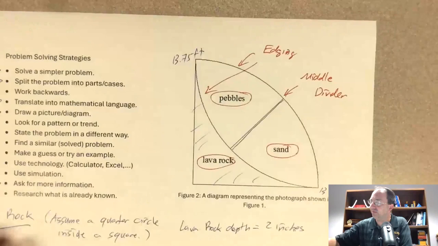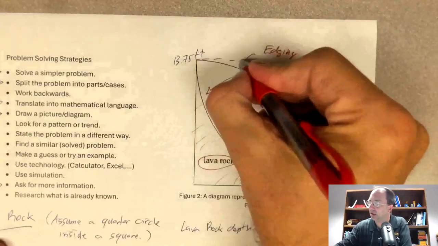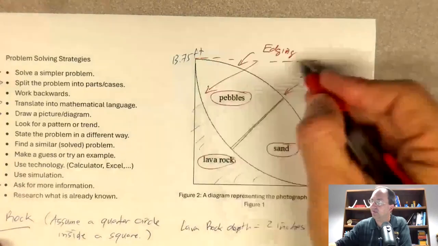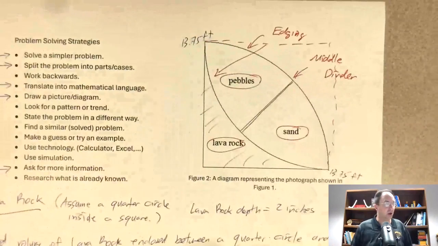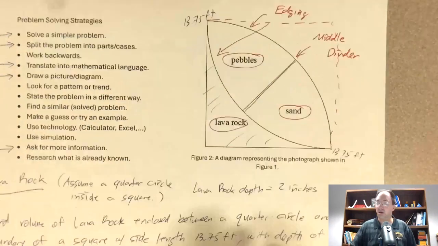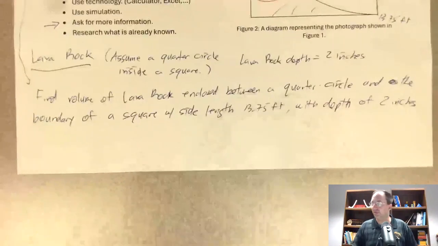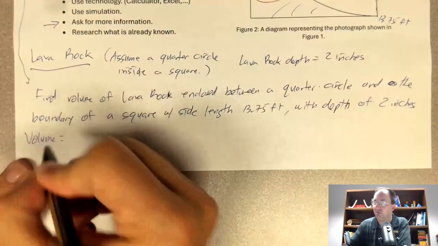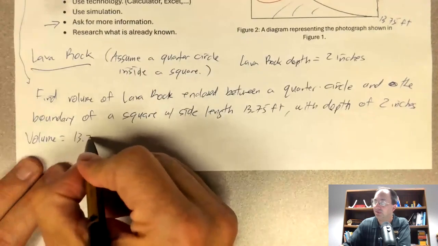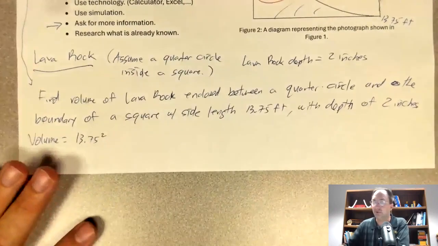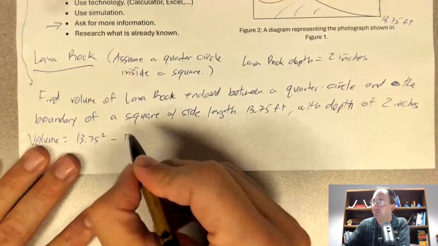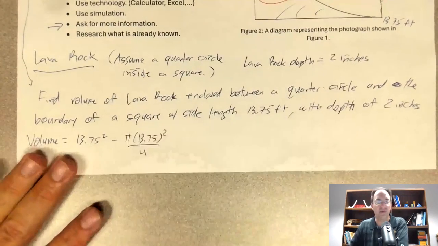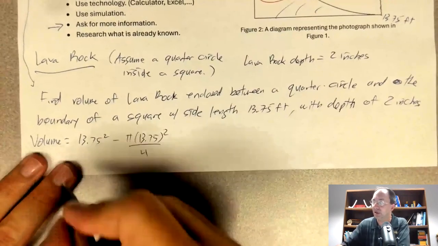All right, so if you can visualize this is a square, and then visualize that I'm subtracting out that quarter circle, then we can finish finding the volume. So the volume is going to be the area of the square, 13.75 squared, minus pi times the radius, 13.75 squared, divided by 4 because it's a quarter circle.